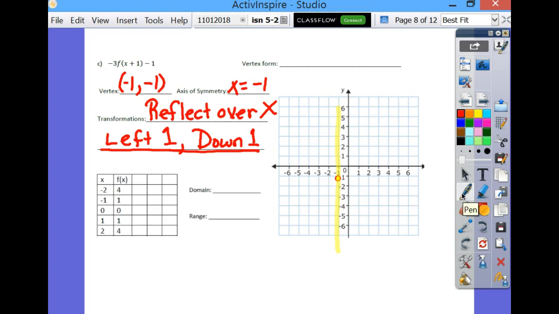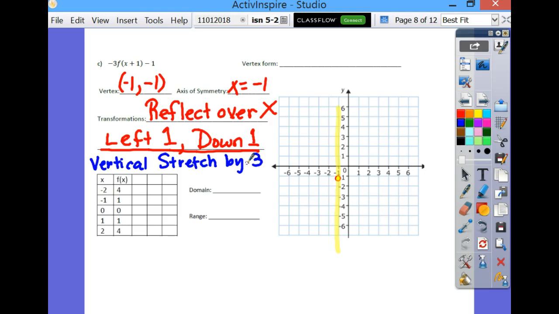Now, oh, wait. I forgot something in my transformations. I didn't write down what the 3 is going to do. What is the 3 going to do? Vertical stretch by 3. That -3 is out in front of the parentheses.